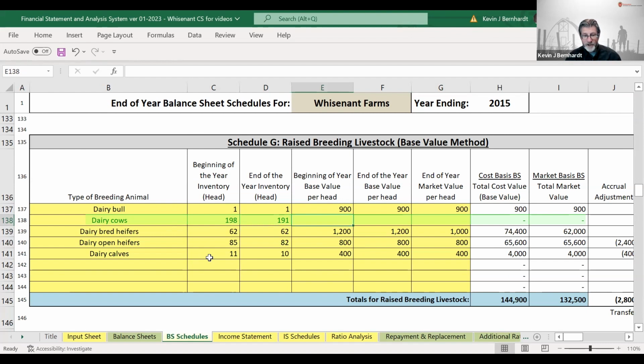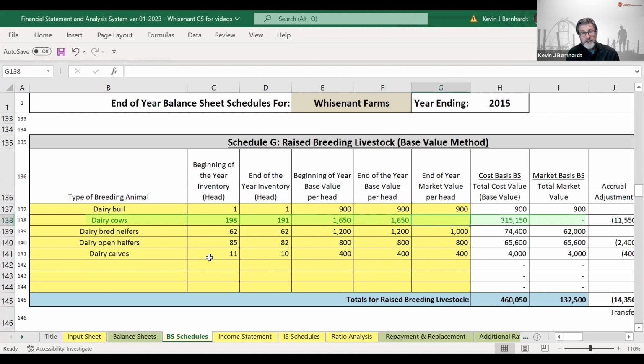The beginning of the year base value, we could change from beginning of the year to the end of the year, but most of the time you do not want to do that. So at the beginning of the year, the base value in this case for breeding cows was $1,650. And that is the same thing at the end of the year as well, $1,650. And finally, we also have to have the market value.